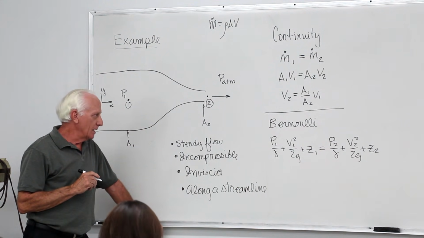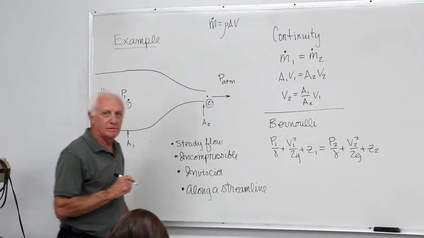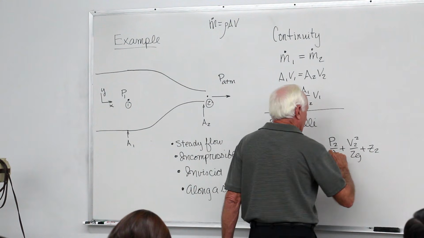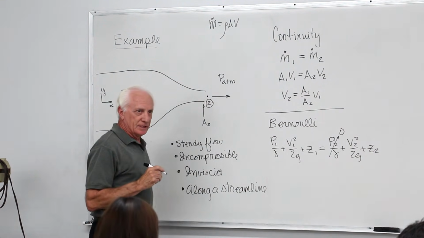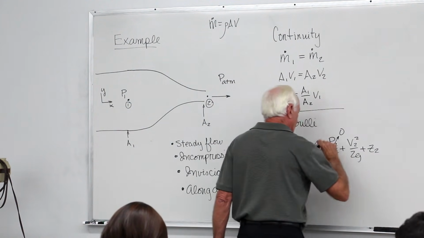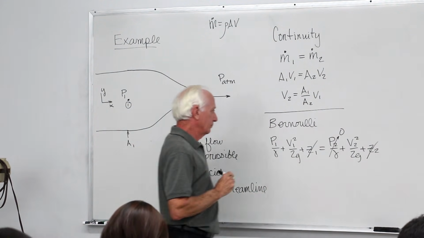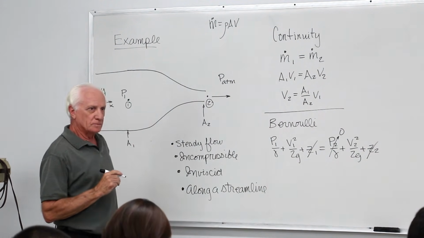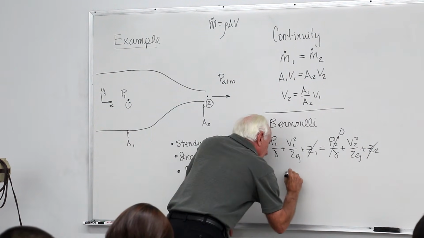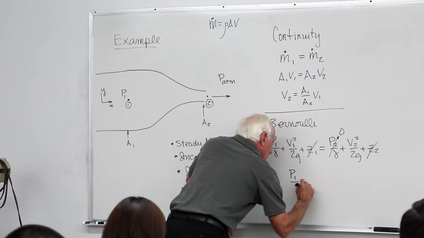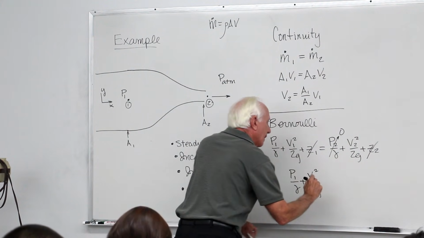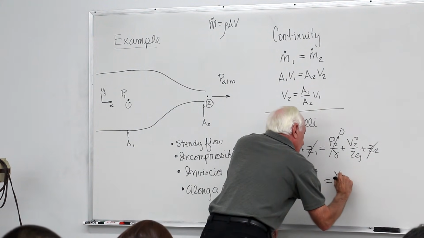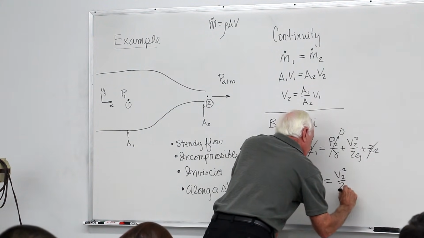There's Bernoulli. P2 is 0. Z1 equals Z2. There's Bernoulli's: P1 over gamma plus V1 squared over 2g equals V2 squared over 2g.